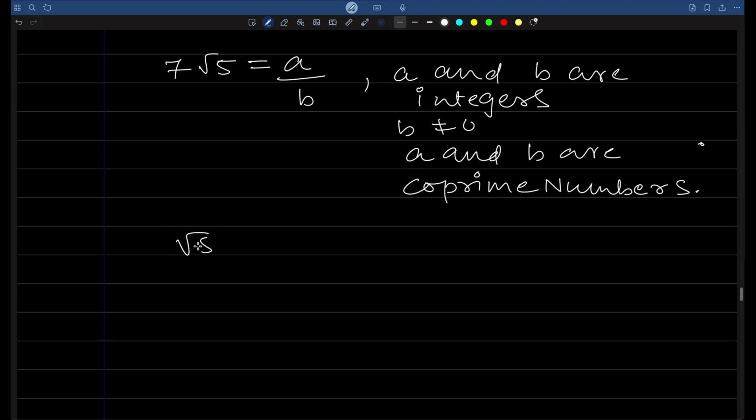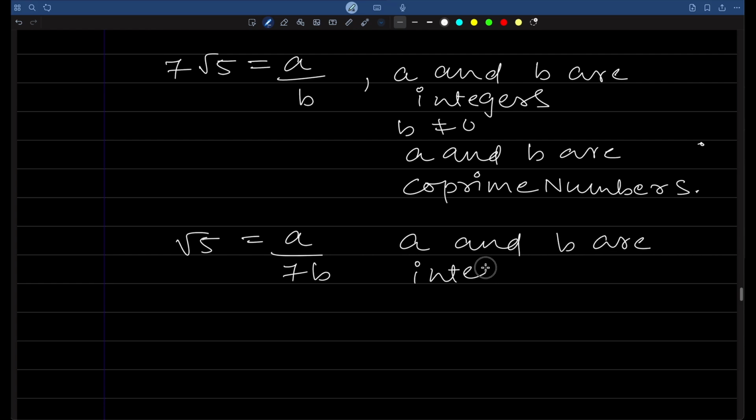Now 7 under root 5 equals a upon 7b, where a and b are integers and 7b is not equal to 0. So we can write a upon 7b is also an integer.